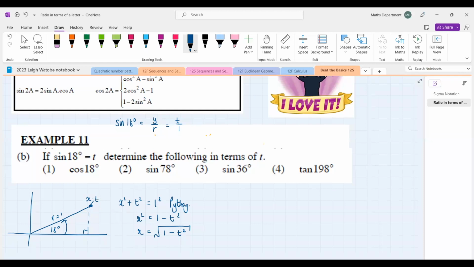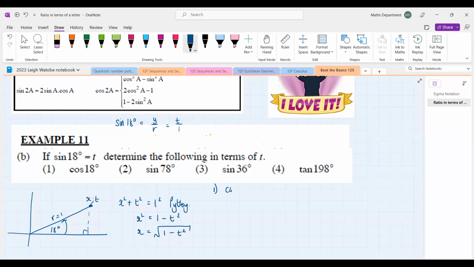We don't have to worry about the sign of x because we are working in the first quadrant. Of course, if we were doing other questions on Pythagoras and we were working in the second or the third or the fourth quadrant, we'd need to be careful because x and y change sign depending which quadrant we are in. So answering these questions is meant to be fairly straightforward for us at this stage.